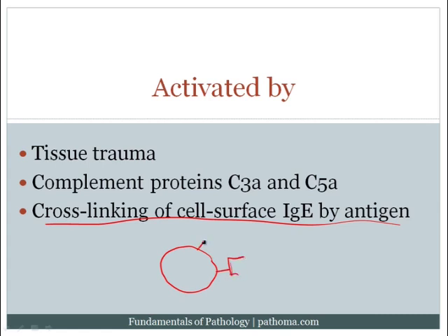Here's one IgE molecule, and here's another, and if an antigen comes by and cross-links these two IgE molecules, that then activates the mast cell. So it's important to remember that there are three ways by which the mast cell is activated. Number one, tissue trauma. Number two, complement proteins C3a and C5a. And number three, cross-linking of cell surface IgE by antigen.